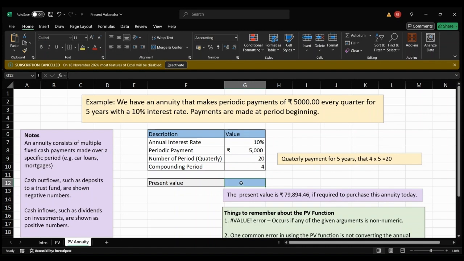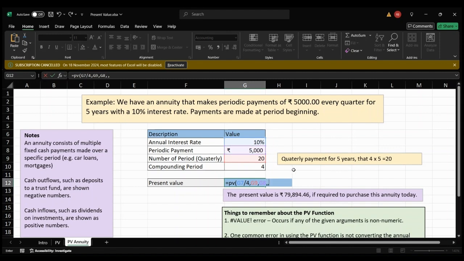Let's calculate now. Equal to PV, and inside the bracket the rate is 10% divided by 4. Next, NPER is 20. Here PMT is 5,000. FV we can omit.